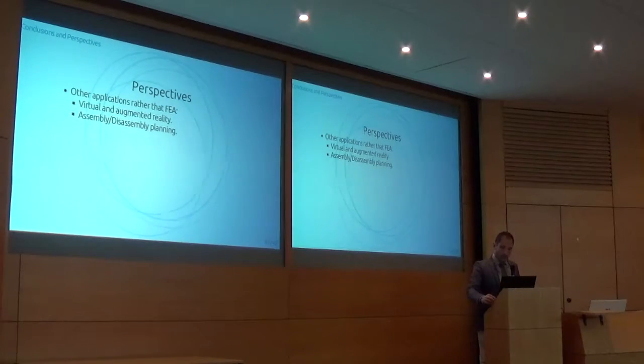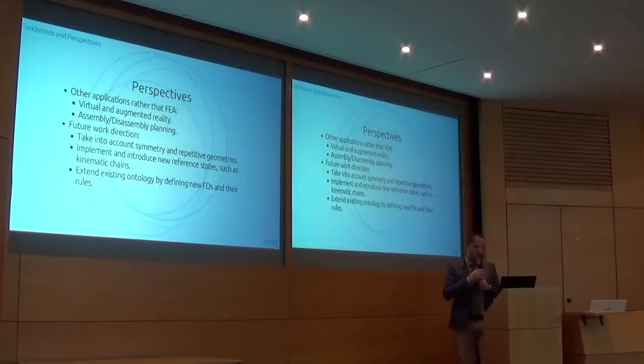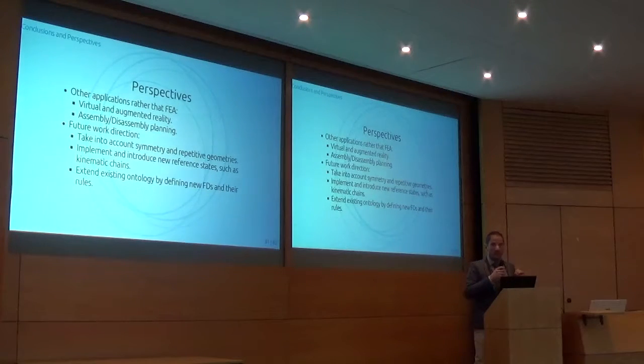Now, future work and directions include taking into consideration repetitive geometric patterns and symmetry in order to enhance the execution time by avoiding redundant reasoning. Another possibility is the implementation of reference states that take into account the violation of the global hypotheses.